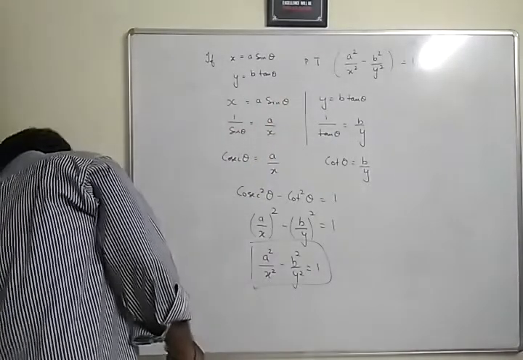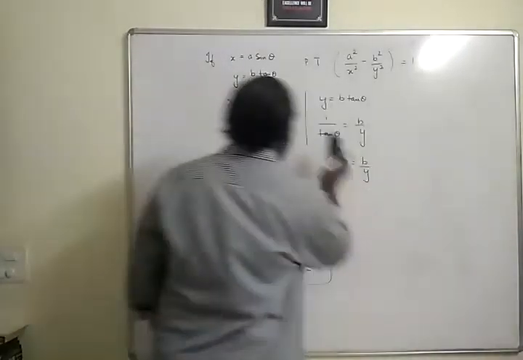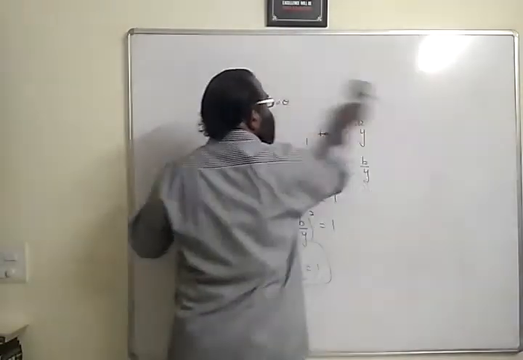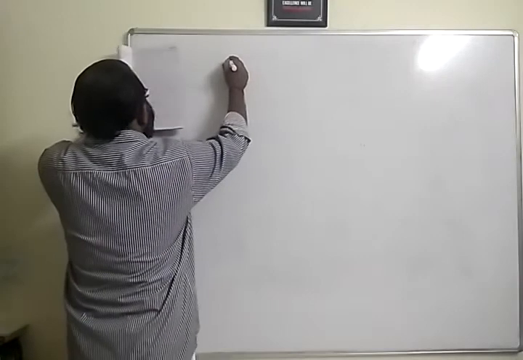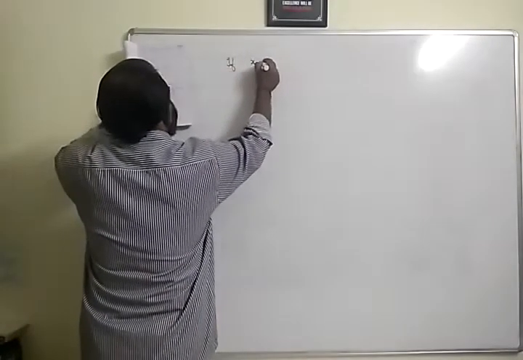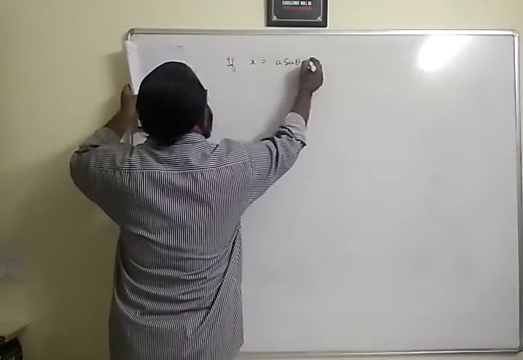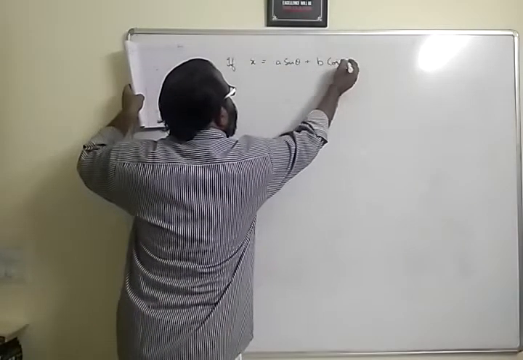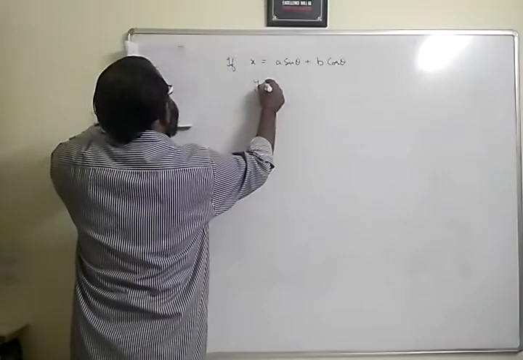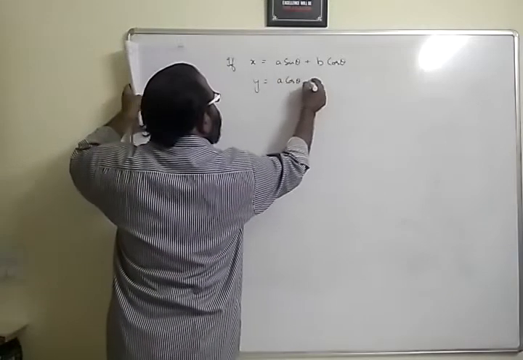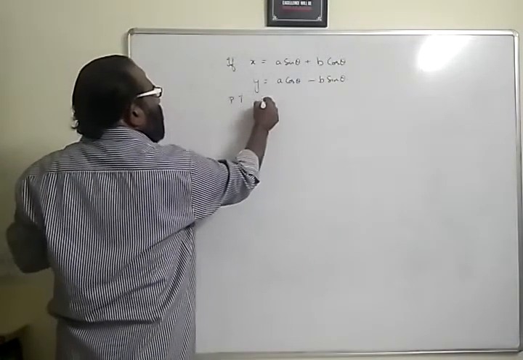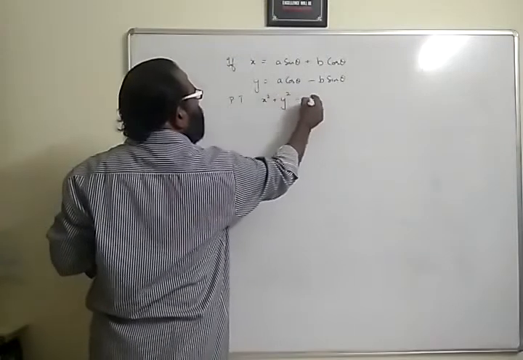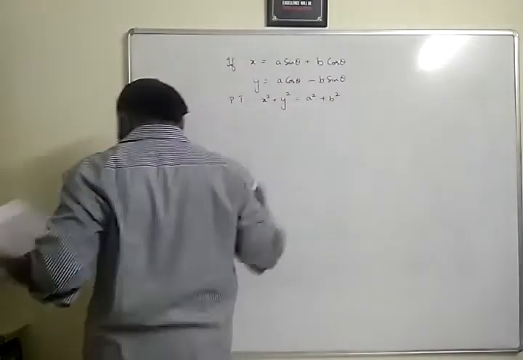Okay, so let's look at another problem now. So the problem states, if x equals a sin theta plus b cos theta and y equals a cos theta minus b sin theta, prove that x squared plus y squared equals a squared plus b squared.